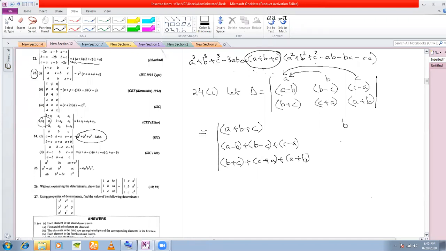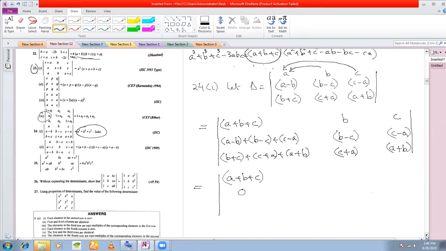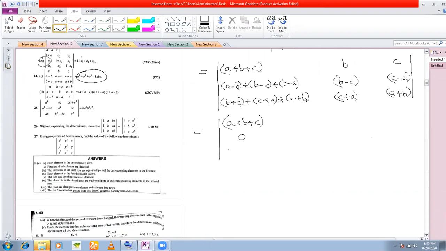And the other columns are b, b minus c, c plus a, c, c minus a plus b. Now we get a plus b plus c here, a 0 here, since a minus b plus b minus c plus c minus a is 0, and twice a plus b plus c. And these two columns remain as they are.